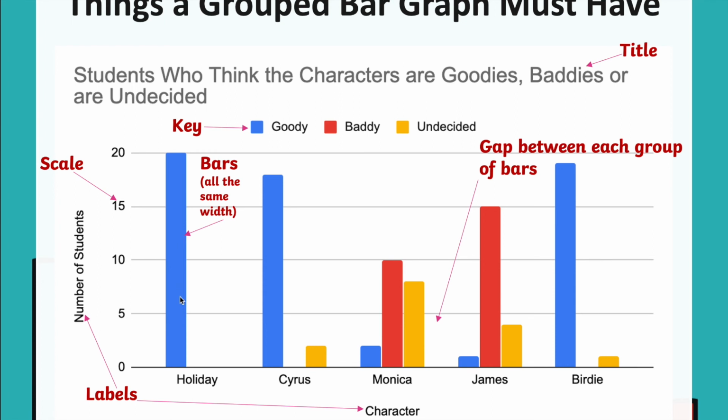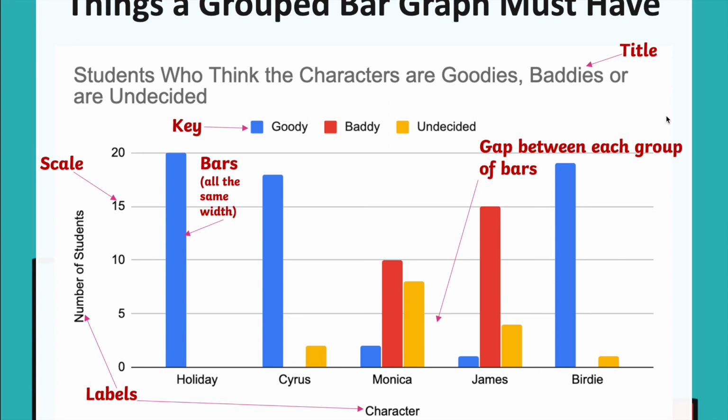So you can see that for each character, every time they were a goodie, I've drawn that in blue. If people thought they were a baddie, I've drawn it in red. And if people were undecided, I've drawn it in yellow or orange. So instead of having a gap between each bar, although there's a small gap there, I need a larger gap between each group of bars.